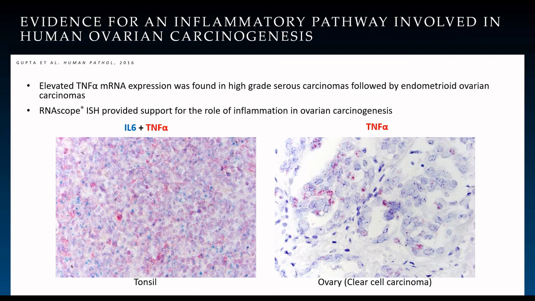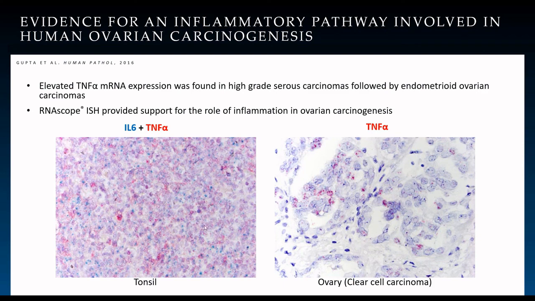In this next example, they wanted to study the role of secretory cytokines like IL-6 and mainly TNF-alpha on ovarian cancer carcinogenesis. So here they're studying the expression of TNF-alpha in the clear cell ovarian carcinoma tissue to show that specific cell types are expressing or releasing this TNF-alpha and potentially contributing to the carcinogenesis of this ovarian cancer sample.